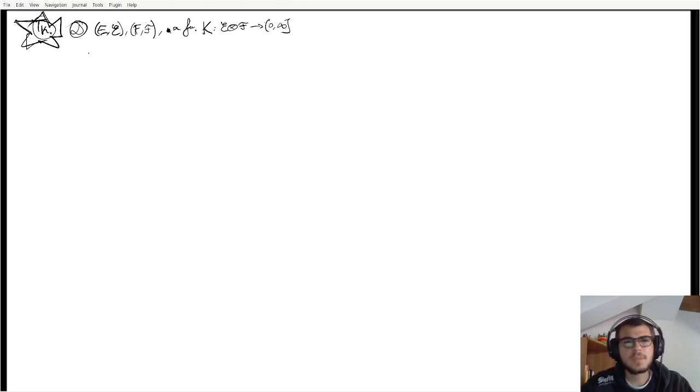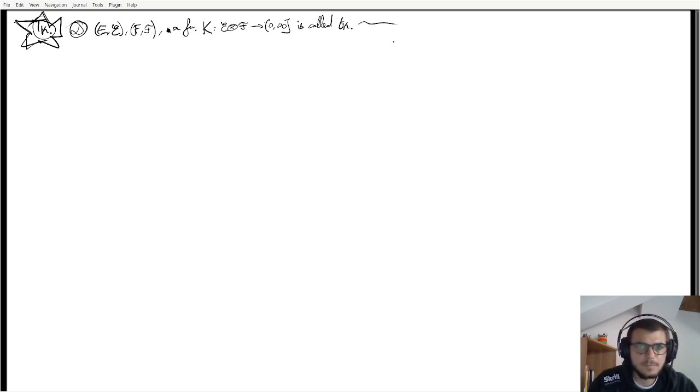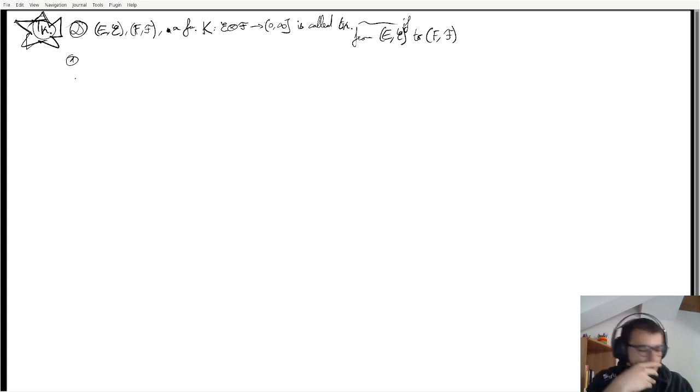Now I'm thinking, what happens if we have a transition kernel with infinity values? Anyway, a function like this is called a transition kernel from the space E to the space F if two things happen. Or we can check through properties.